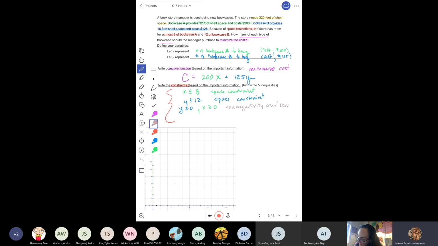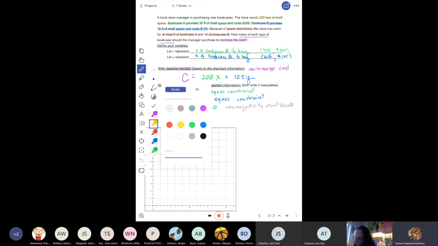And last but not least, there's another constraint that I have. Do we have any idea? Would it be the total cost? That's our objective function, but I like that you're thinking about that. The only information we've been given has been about cost, but what else? The feet. So weren't we told that we need 320 feet of shelf space? At least 320 feet of shelf space.